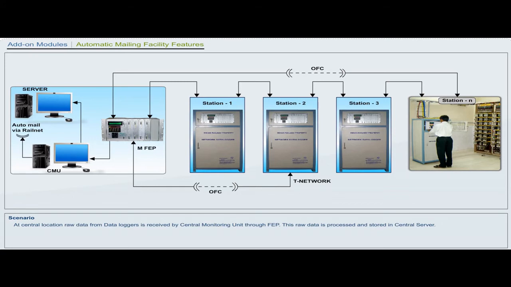This raw data is processed and stored in the central server. The sequence of relay operations is monitored for various events and failures, and recorded as faults in the database server. The reports software connects to the database server and generates reports like digital log of events, relay operation count, faults, analog events, analog graphs, data log states, etc.